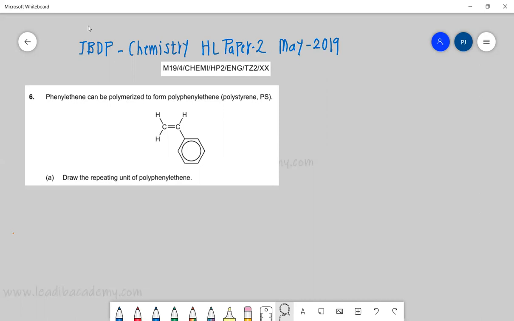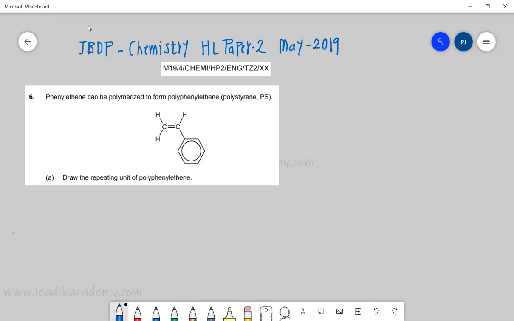Anyways, now let's start looking into question number 6. Phenyl-ethene can be polymerized to form polyphenyl-ethene, that is polystyrene. They are asking, draw the repeating unit of polyphenyl-ethene. So in short, they are asking us to find out the monomer.